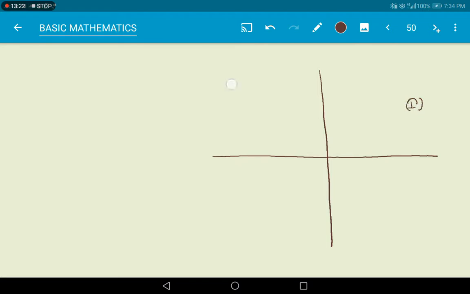This is the first quadrant, second, third and fourth quadrant. In the first quadrant, all trigonometric functions are positive.